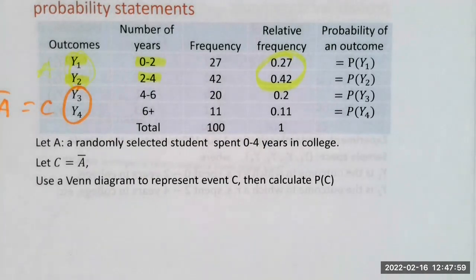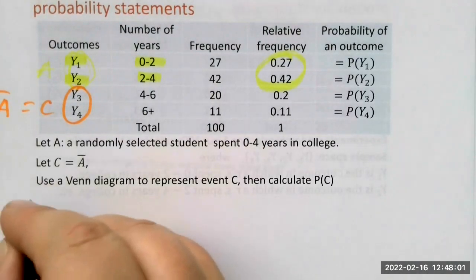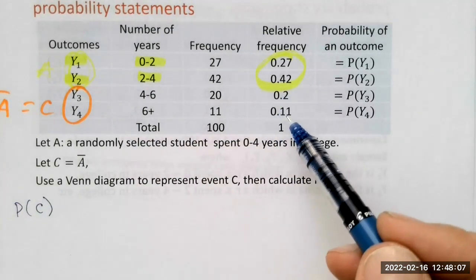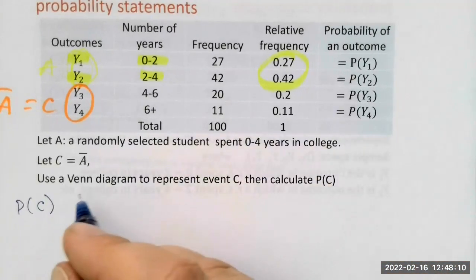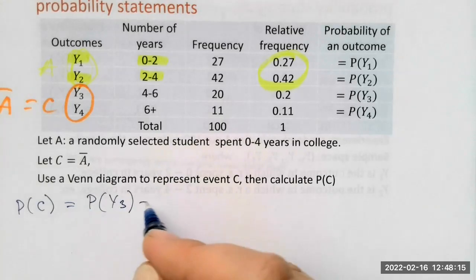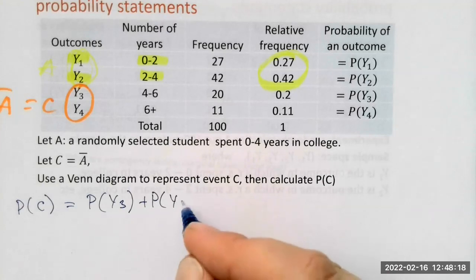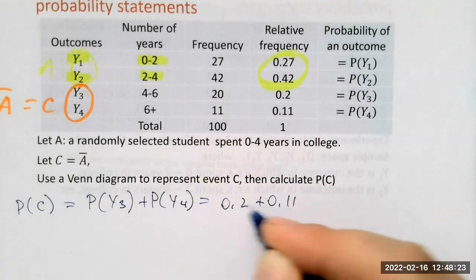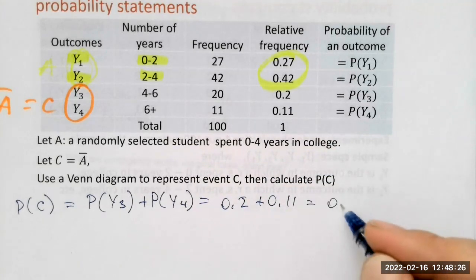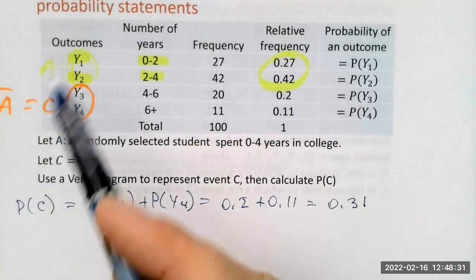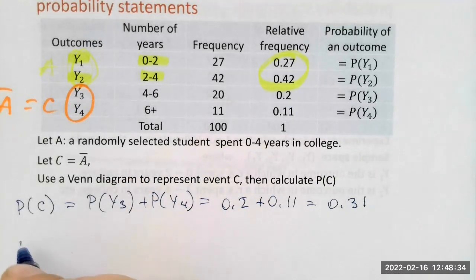Okay, so there are two ways we could find the probability of event C. First of all, we could add all of the rest of the probabilities, right? We could include the probability of outcome Y3 plus the probability of Y4, which are 0.2 and 0.11, and that will give us 0.31. Or, since we already know the probability of event A, we could just subtract it from 1.